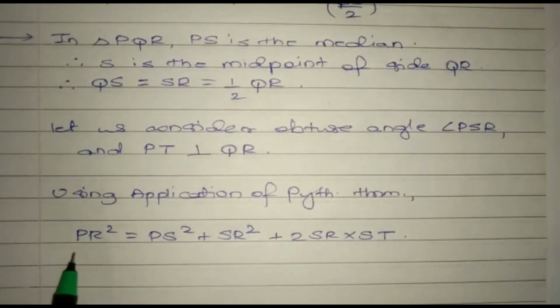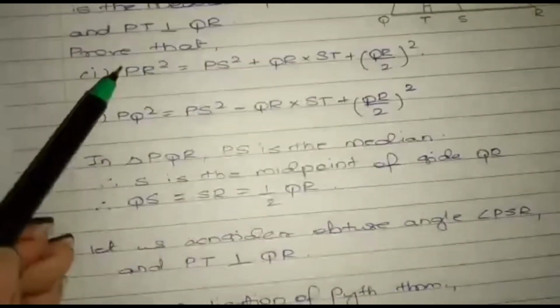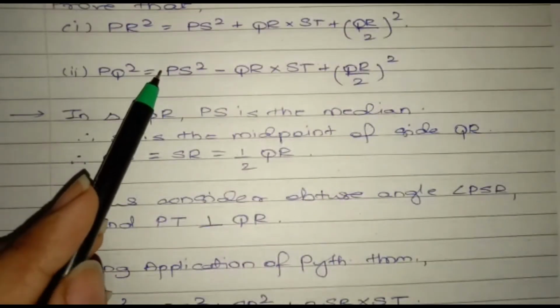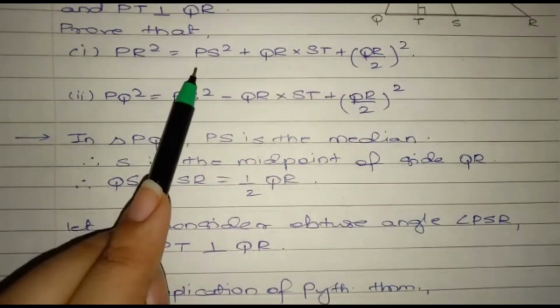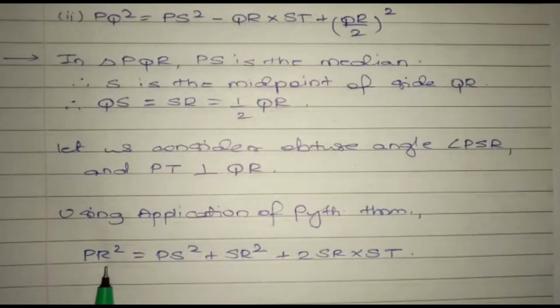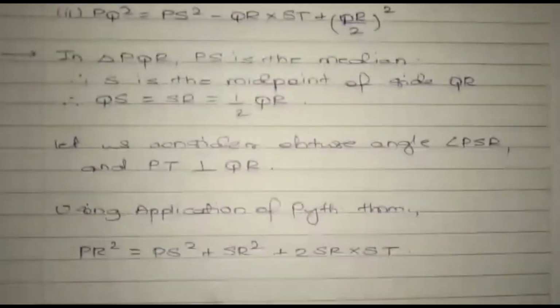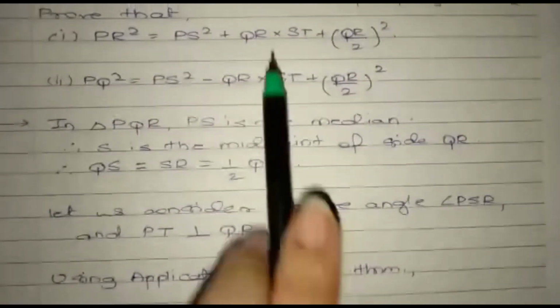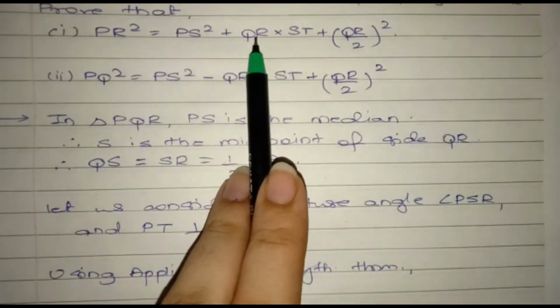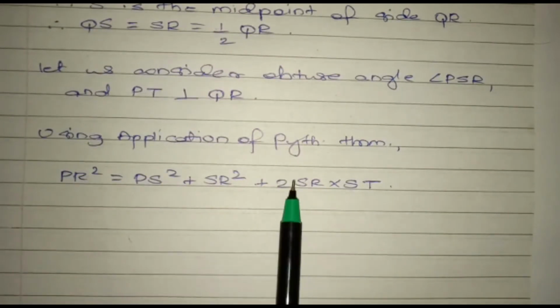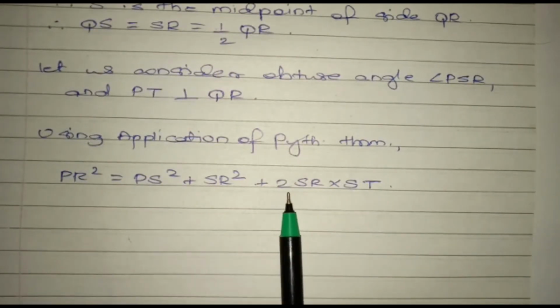Now let us see what we want from this. In the statement, PR square is needed, which is already there. PS square is already there, and this one is the first statement. So we want PR square, which is already there, PS square, which is already there, plus sign, which is already there. Then we want QR into ST, and we have SR into ST, and we have this number 2 which is not needed.